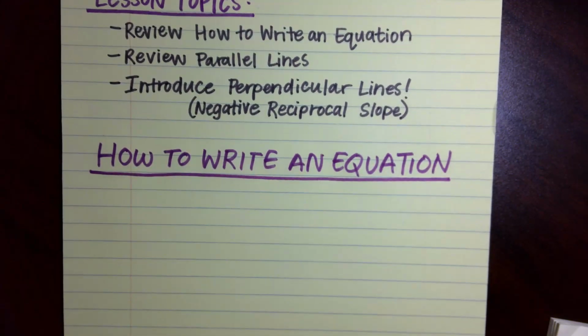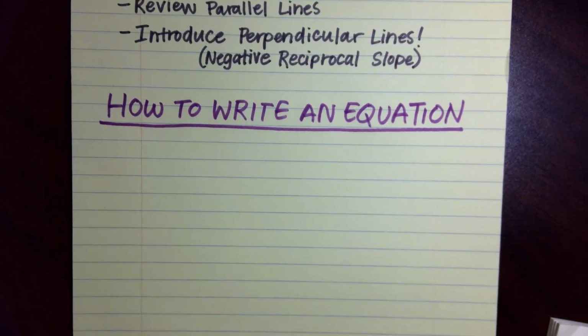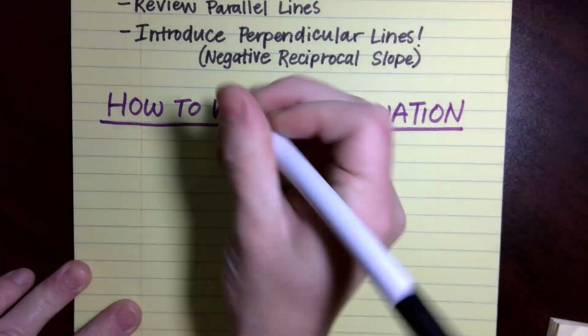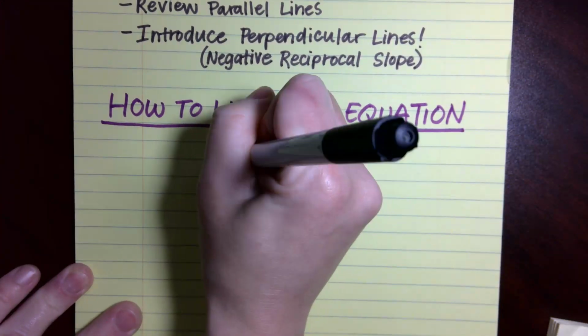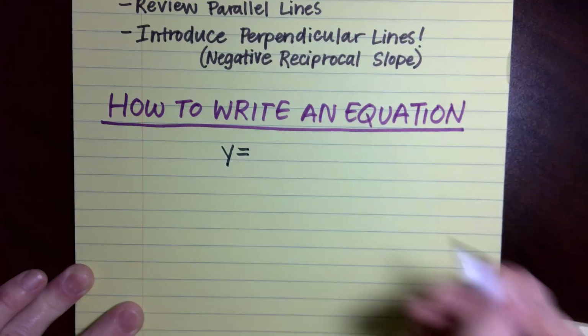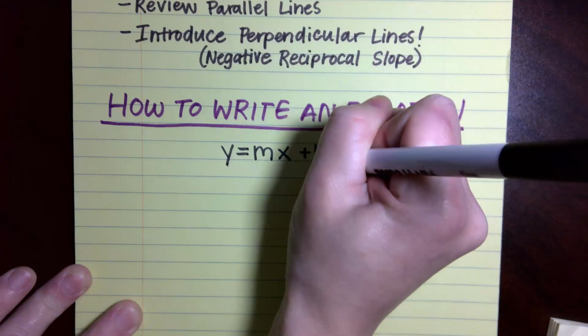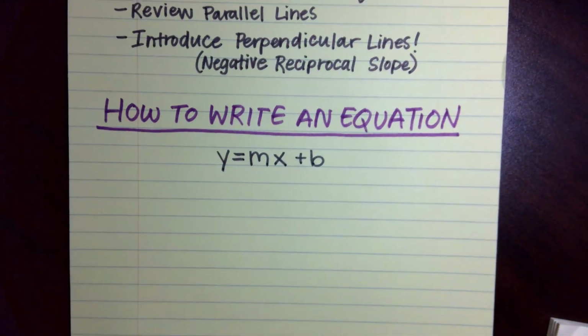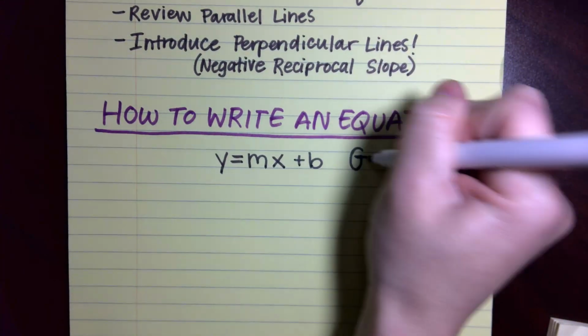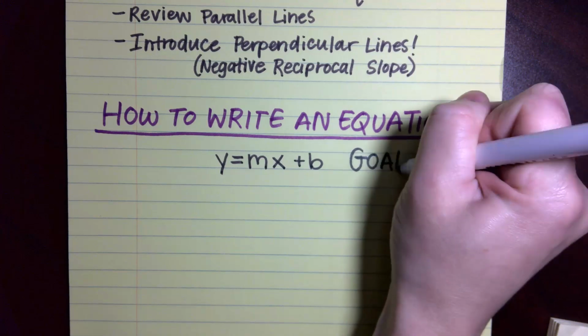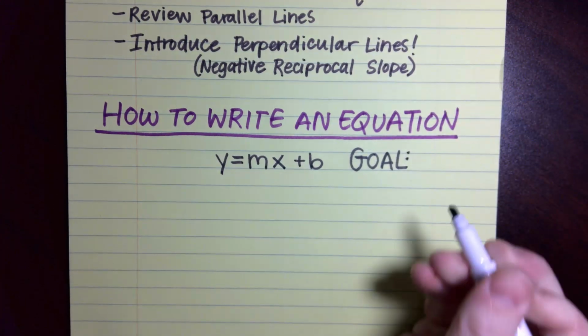So, whenever we are writing an equation, for right now, we are only learning how to write an equation in slope-intercept form. Y equals mx plus b. And remember, our goal in writing the final equation is to have it look like this.